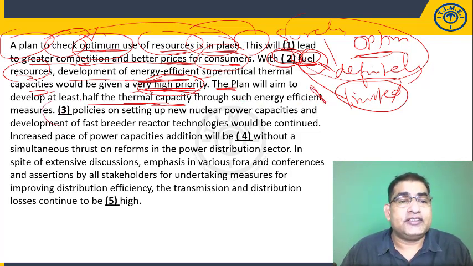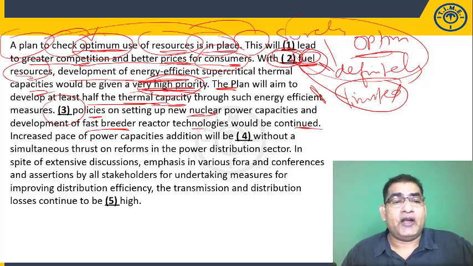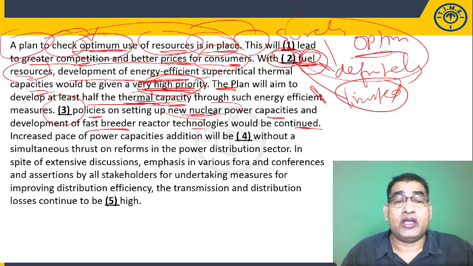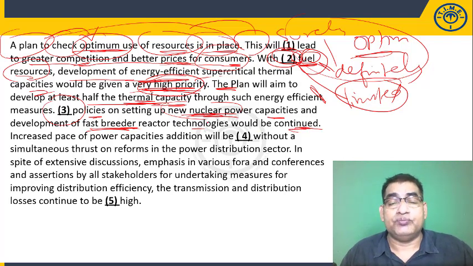Then the author says dash policies on setting up new nuclear power capacities and development of fast breeder reactor technologies would be continued. So apart from thermal capacity, we will also look at nuclear power capacities, and development of fast breeder reactor technologies would be continued.